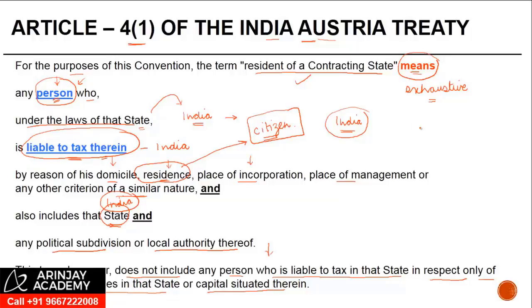But there could be a non-resident who is taxable in India for certain specific India-sourced income only. In such a case, these categories of people who are only liable to tax in India for specific income which arises from India are not considered as resident insofar as this India-Austria Treaty is concerned.